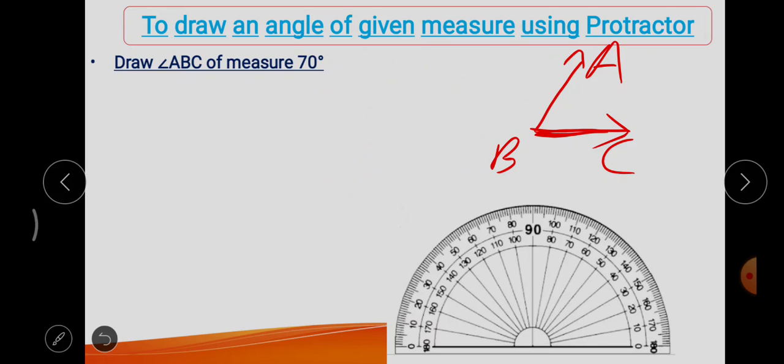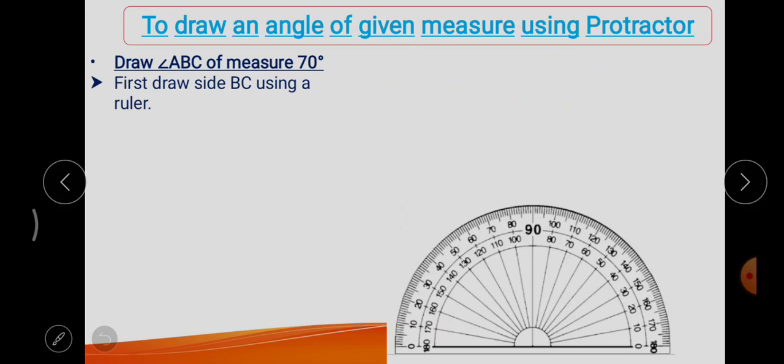Now I know that my construction will look like this, depending on the measure of the angle. So the first step, I will use my scale and draw side BC using a ruler or a scale. You can see it's written also that first draw side BC using a ruler.